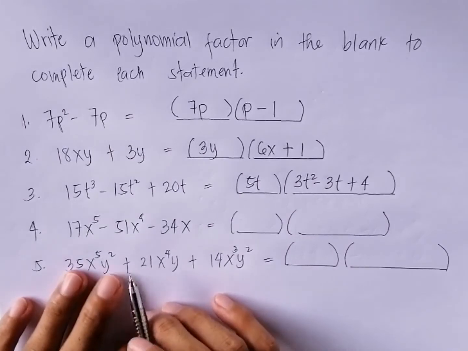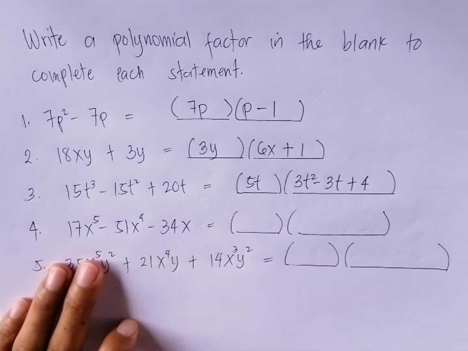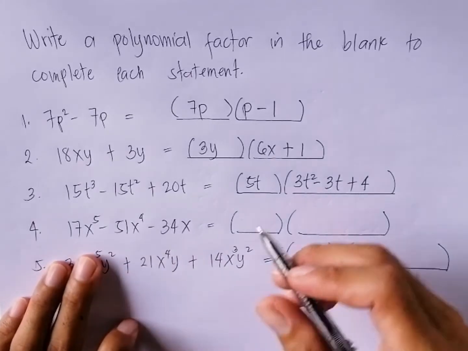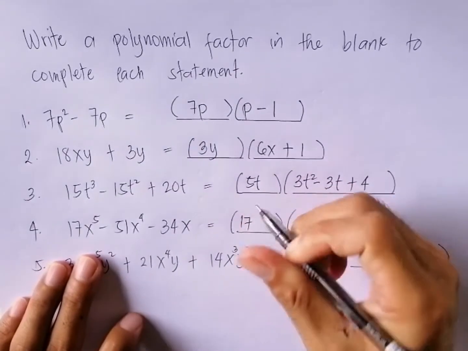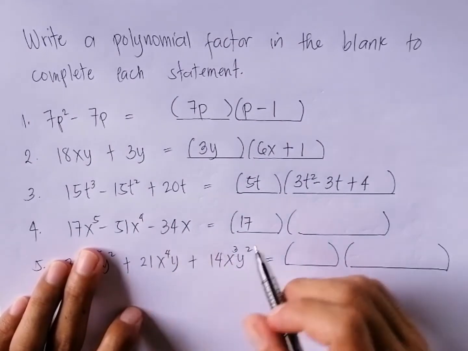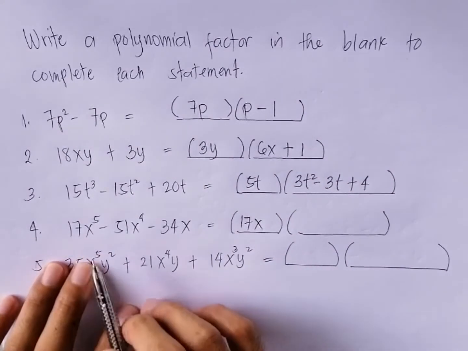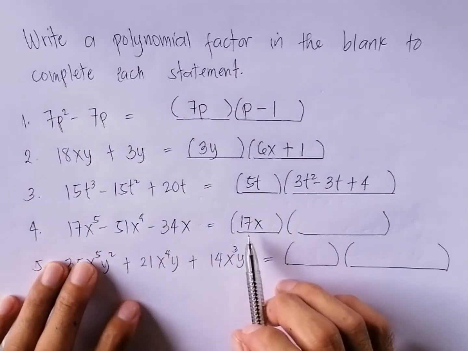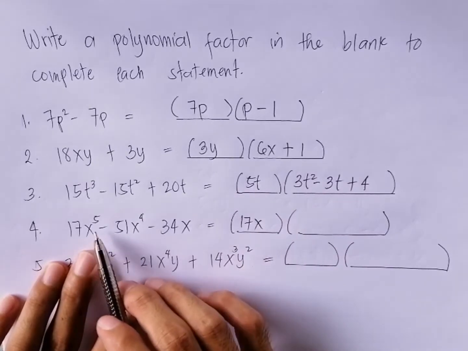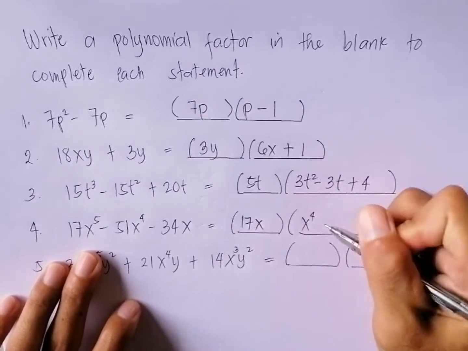Number 4. For 17, 51, 34, the GCF here is 17. Then for x raised to 5, x raised to 4, x, the GCF is x. Then 17 divided by 17 is equal to 1. X raised to the power of 5 divided by x is equal to x raised to 4.